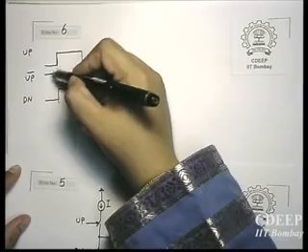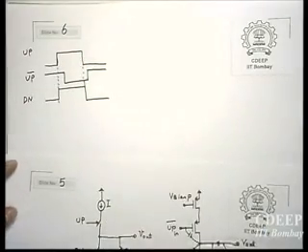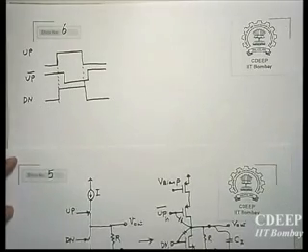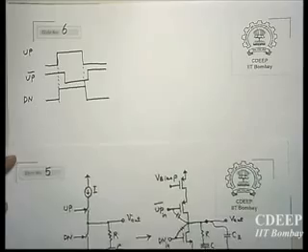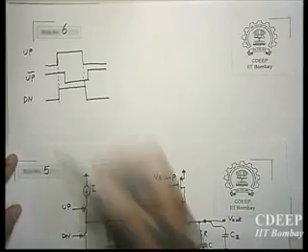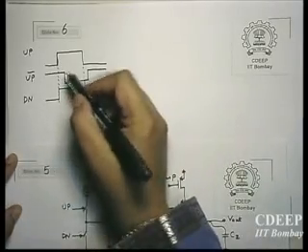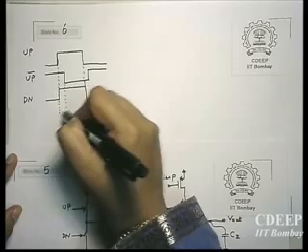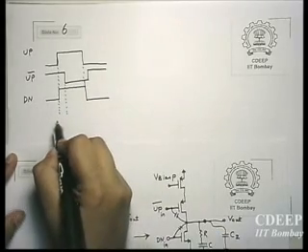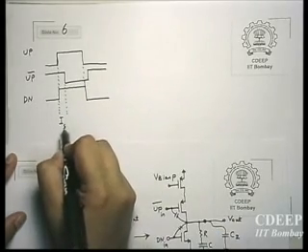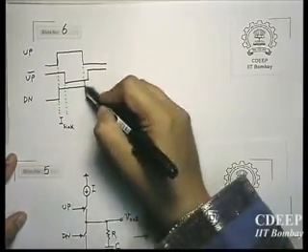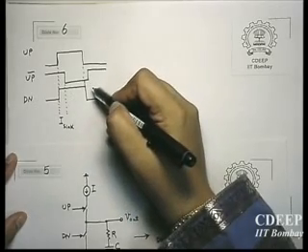So up is low, therefore up bar is high, and then up goes high, which means that up bar goes low. So no current should flow. But still up bar is high, therefore during this interval you will have current. And then you don't have any current.